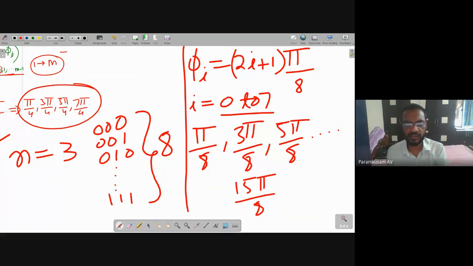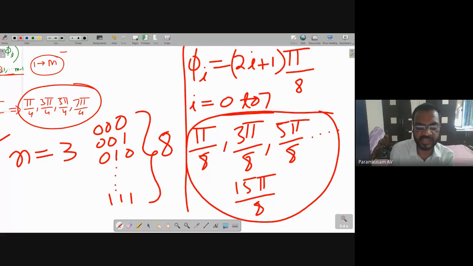These are the various phase angles. Understood? 8 phase angles are there.